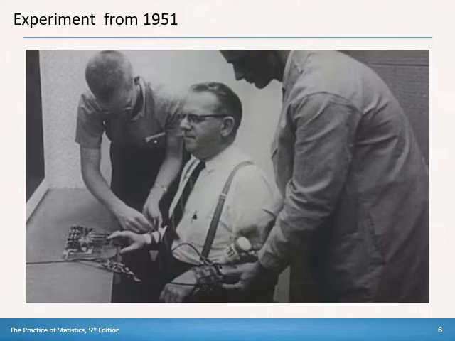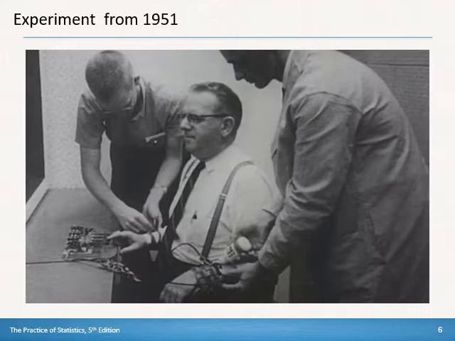There were two people, one assigned the teacher and one assigned the learner. The teacher would read a number of words, and the learner, who is in another room, was communicating audibly with them.